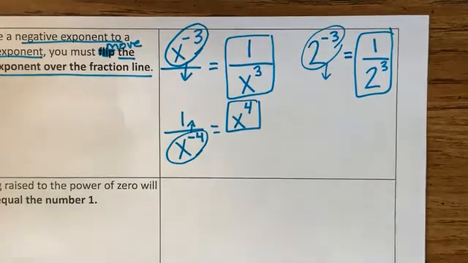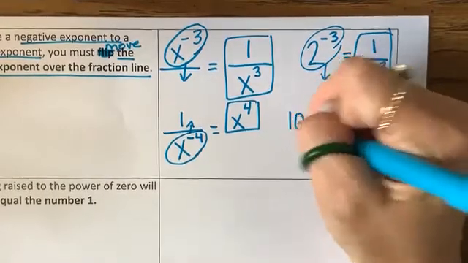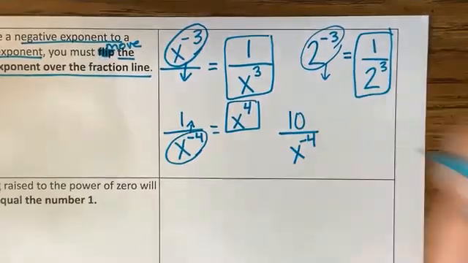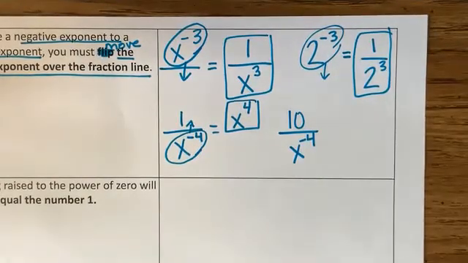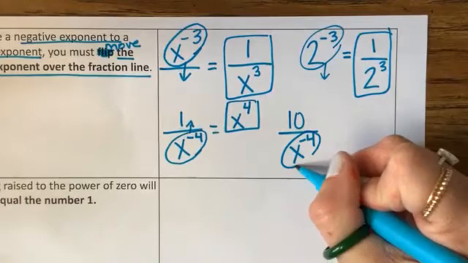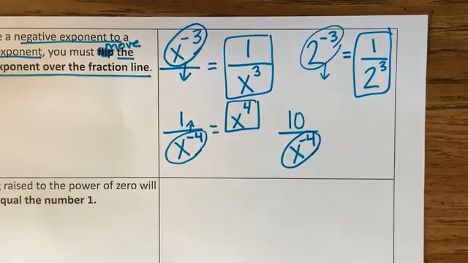Okay. What if I gave you this one? 10 divided by x to the negative fourth. Okay, so we already know that x to the negative fourth has to move to the numerator, correct?